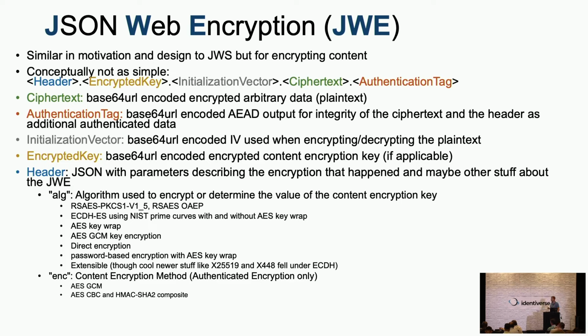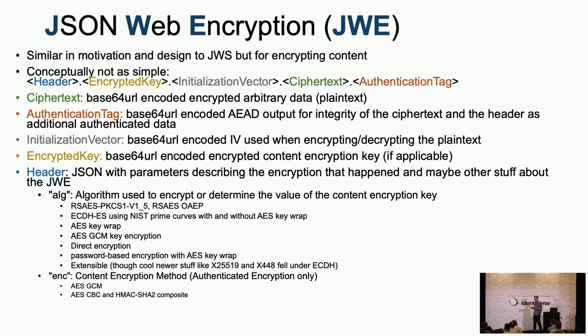Like I said before, these are authenticated encryption only, and these are a little bit more straightforward. There's AES GCM, which is by its very nature authenticated encryption, and then there's an AES CBC with HMAC SHA-2 composite mode.